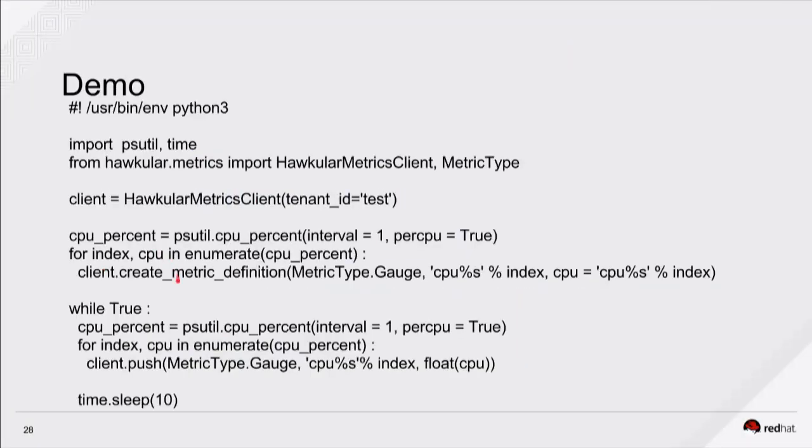One is right here, create a metric definition. The only reason I'm creating the metric definition is to tag it. I want to tag it with CPU, so CPU is CPU1. I'm just going to tag it so I can query it later. And then the second call to Hawkular is to just push that data into Hawkular.